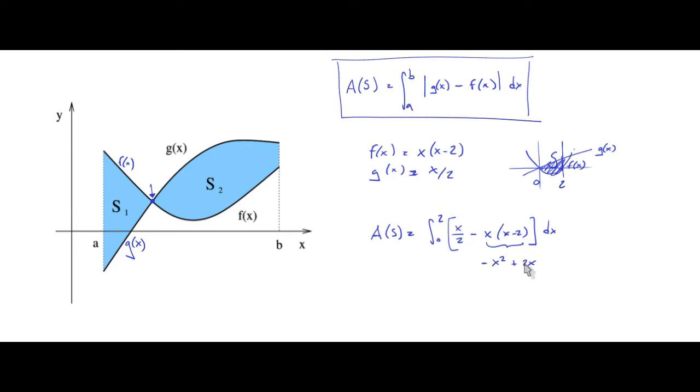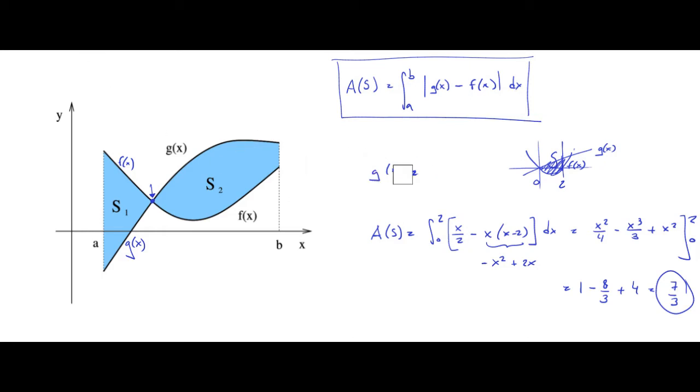The integral of this is x squared over 4 minus x cubed over 3 plus x squared, evaluated between 2 and 0. At 2 we have 2 squared over 4, which is 1, minus 8 thirds plus 4, and at 0 all of this is 0. So we have 3 thirds minus 8 thirds, which is minus 5 thirds, plus 12 thirds, which is 7 thirds. That's the area of that particular figure.